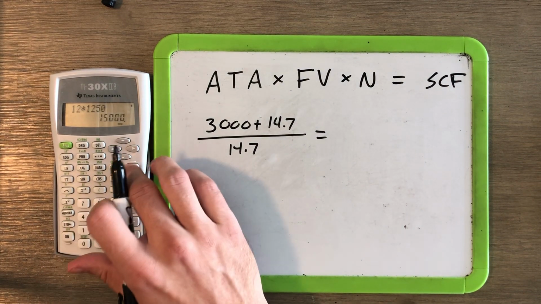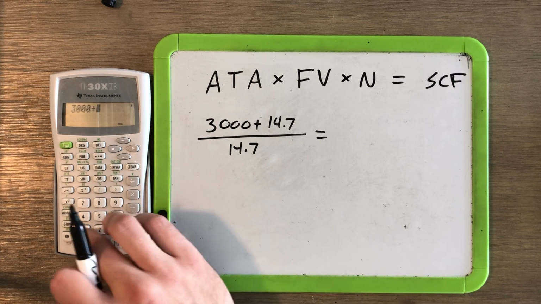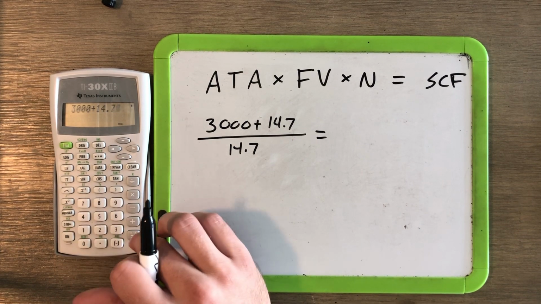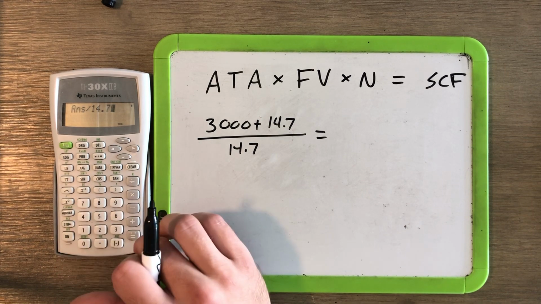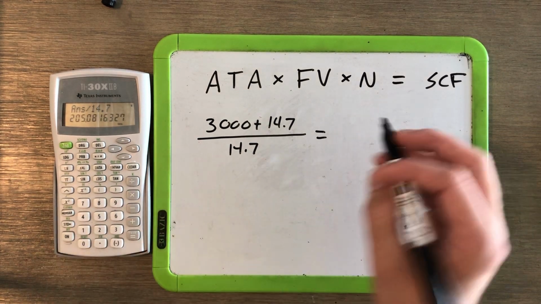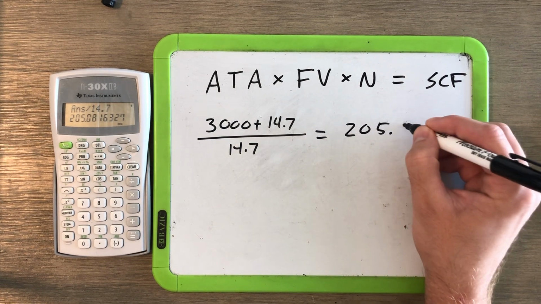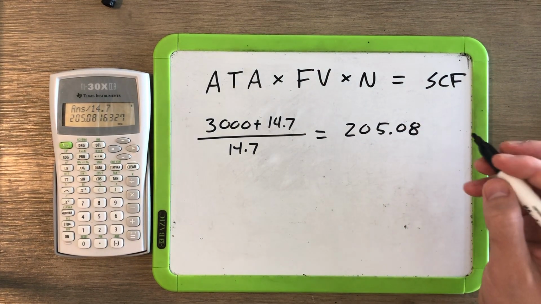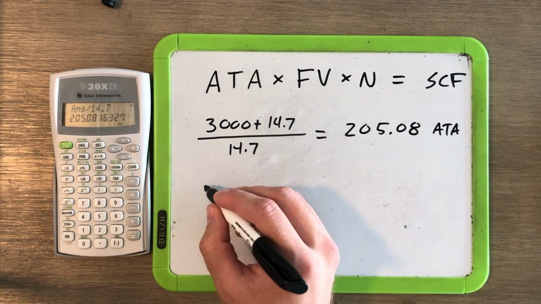We did this earlier, but I'll just run through it real quick. Watch your calculator if you forgot. Plus 14.7 equals that, divided by 14.7 is equal to, we'll just say 205.08 ATA.